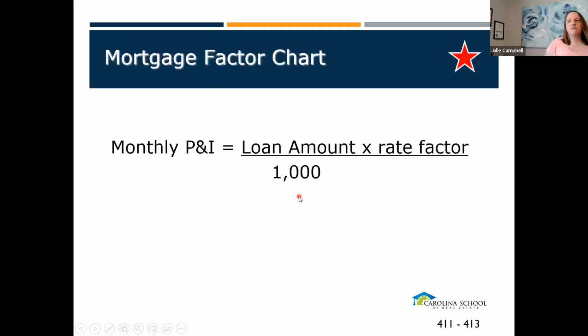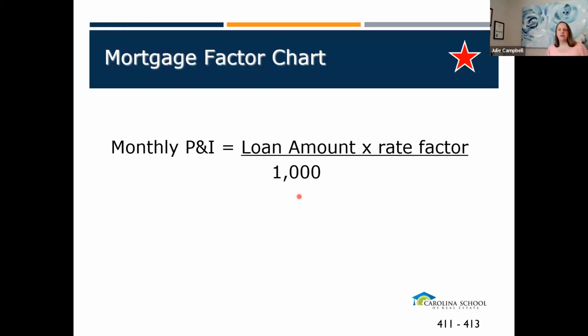Well, that's where our formula to find the monthly principal and interest kicks in. To find our monthly principal and interest, we need to take the loan amount, times that by the rate factor, and then divide it by 1,000. They will give you the loan amount.